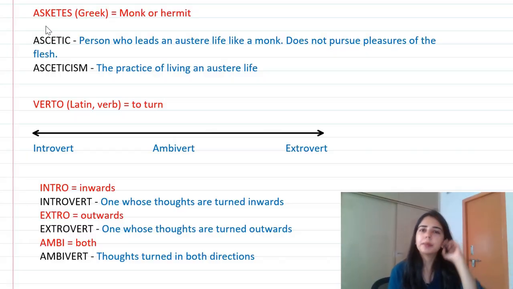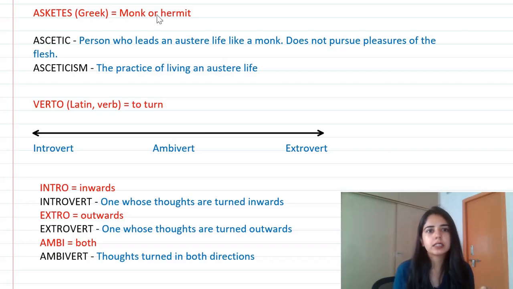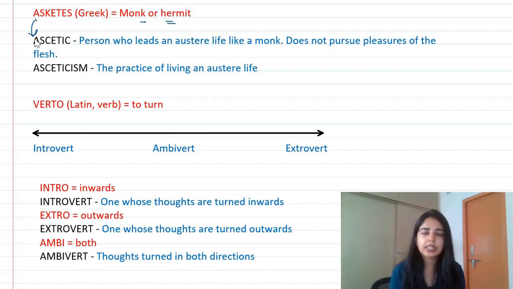You need not remember which language the root word is taken from. You only need to remember the meaning of it in the English language. For example, ascetes is taken from Greek, and in Greek it means monk or hermit. Spellings change a little bit. Spellings take their own shape and form when they are taken from other languages into English. So in English the spelling is ascetic.